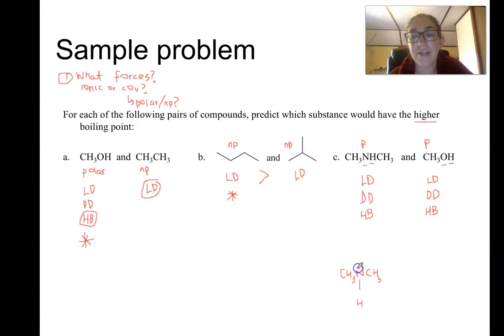All right, this nitrogen has 1 lone pair. So that means that we can have 1 hydrogen bond here, and we can have 1 hydrogen bond here. The hydrogen can hydrogen bond with something, and that nitrogen can be an acceptor.